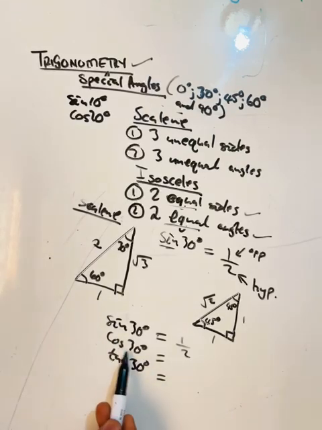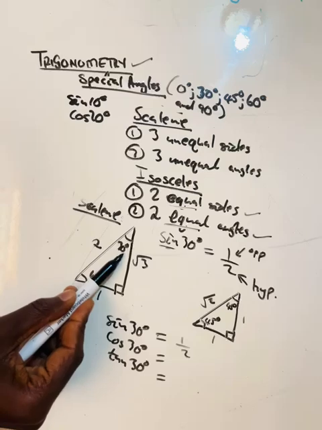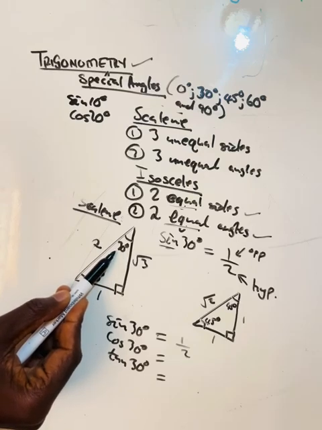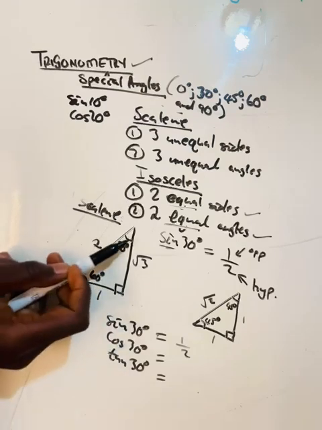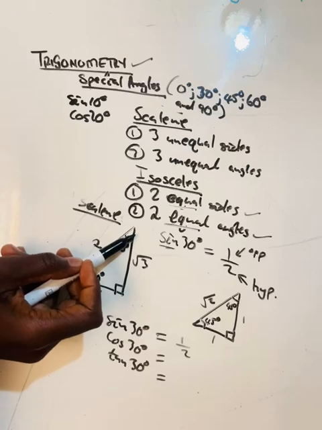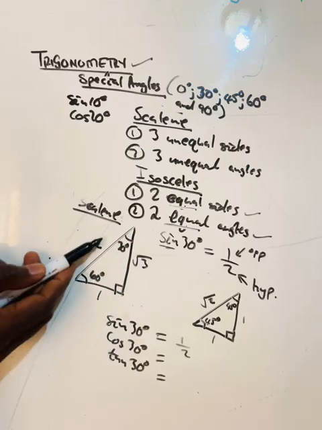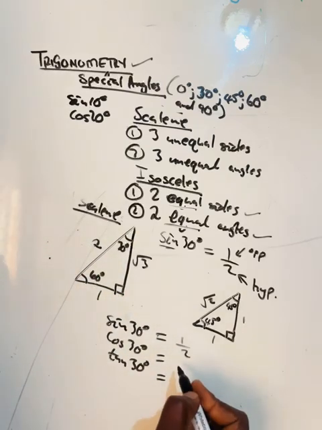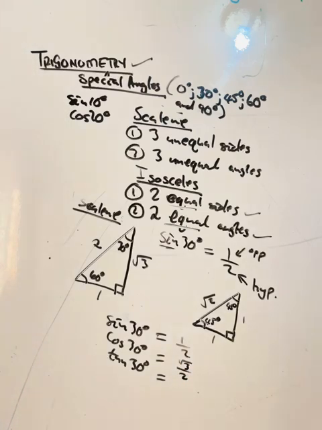So if we've got cos 30 degrees, this is where 30 degrees is. And on cos we use what? We use adjacent. And this side is the one which is adjacent. We use adjacent over hypotenuse, and the hypotenuse is 2. Meaning to say that you have got square root of 3 over 2. Then here we've got tan 30 degrees. Tan 30 degrees is what?